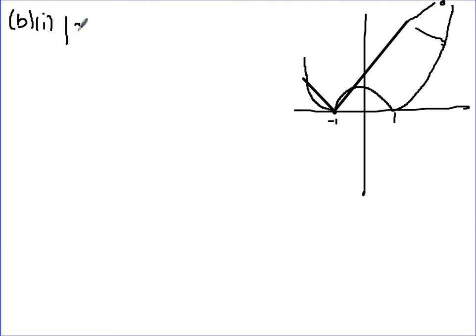So we're now asked to solve this. So what I'm going to do here is I'm going to look at when they intersect. Well, they intersect at 4 individual points. Here, here, here, and then at the top bit up here. Now these 2 points, I'm going to break them up. This here is when the graph is normal, when the x squared minus 1 is normal.